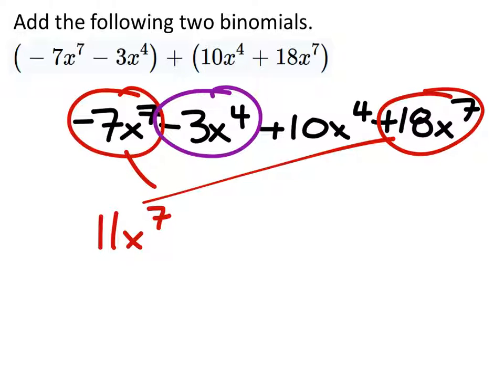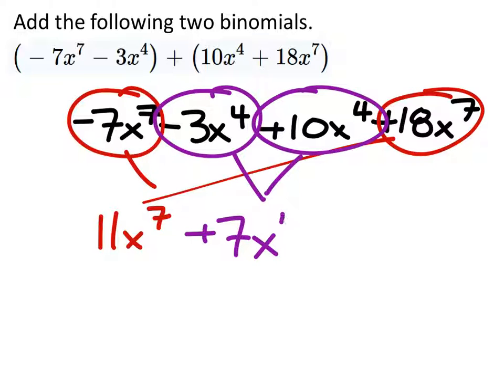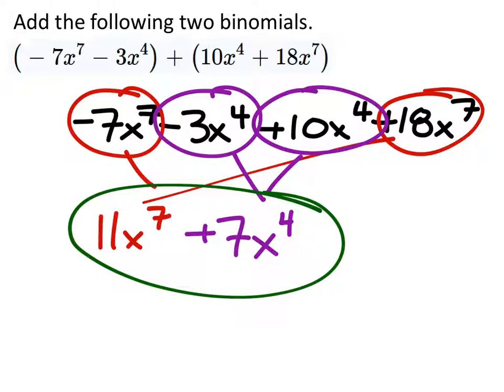And then negative 3x to the 4th combined with 10x to the 4th would give us a positive 7x to the 4th. Again, the method is not necessarily important as long as you choose one or the other, because either method would be fine on an exam.